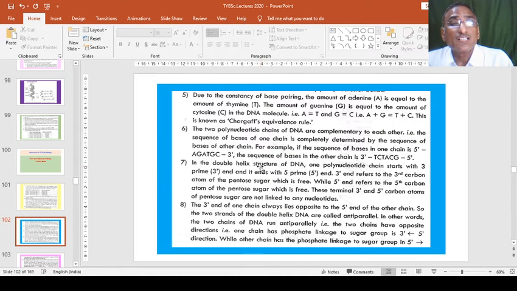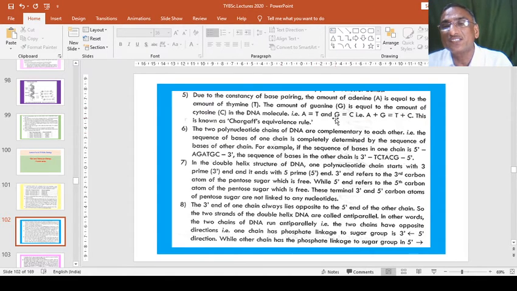Next, due to the constancy of the base pairing, the amount of adenine is equal to the amount of thymine, and the amount of guanine is equal to the amount of cytosine, because these are the pairs. A and T, adenine and thymine, are a pair. Guanine and cytosine are a pair.